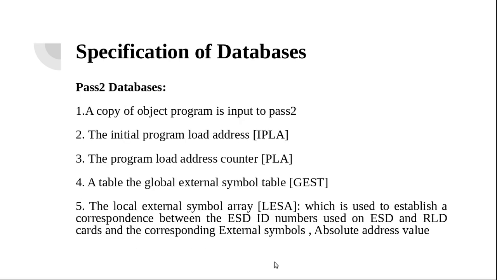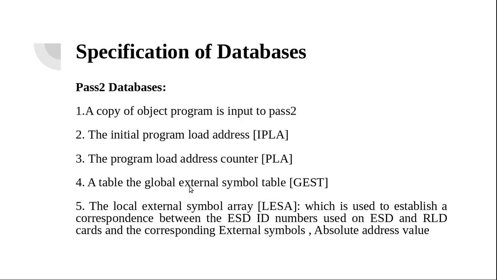Now we are moving on to the pass 2 databases. Again, one of the inputs to pass 2 is a copy of the object program or object deck, and the initial program load address. The same IPLA we used in pass 1 tells the loading address of the first segment. Then the program load address counter, which is used to keep track of all the segments' assigned locations.